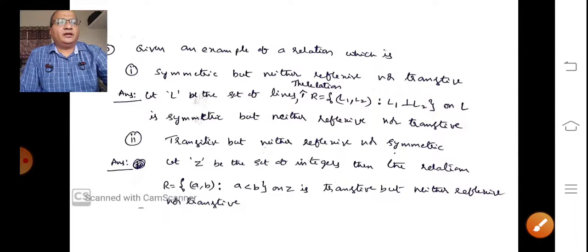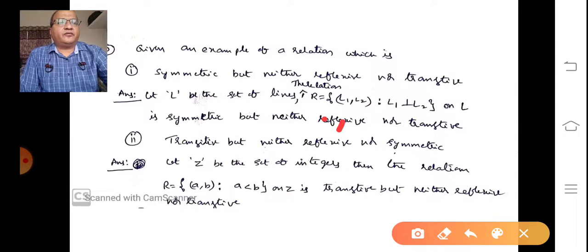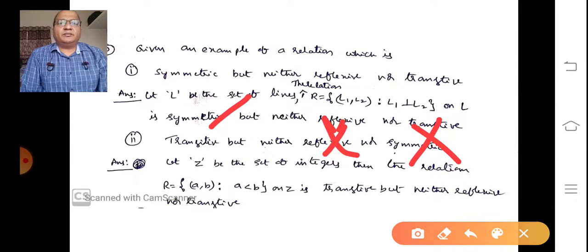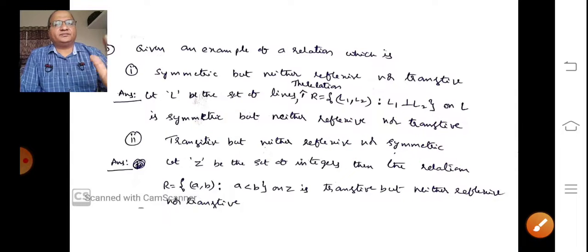So finally, it is not reflexive, not transitive, only symmetric. It is the best example, and you can give this example by taking sets also. We will see in other problems how we take sets.